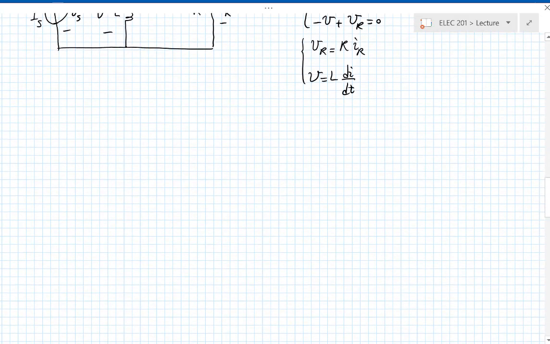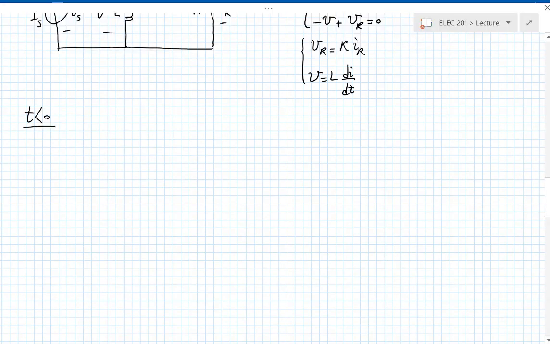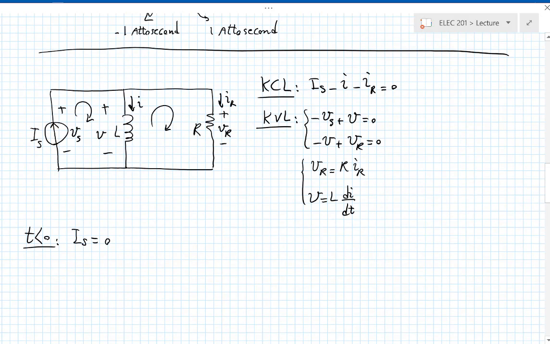So now I know that, well, for t less than 0, IS was equal to 0, and everything was 0 for a very long time.